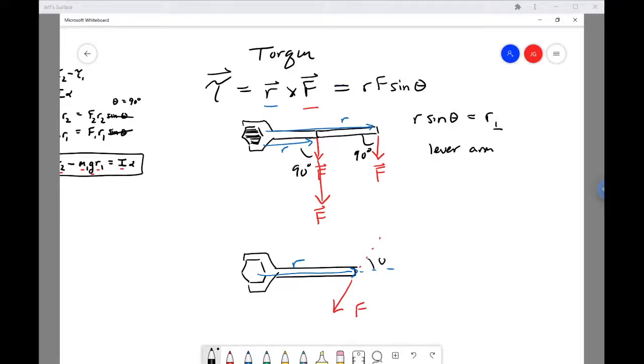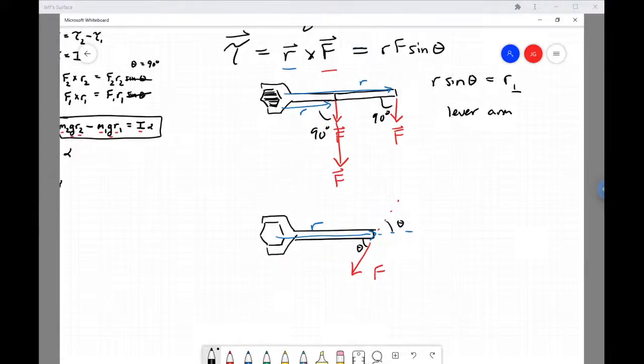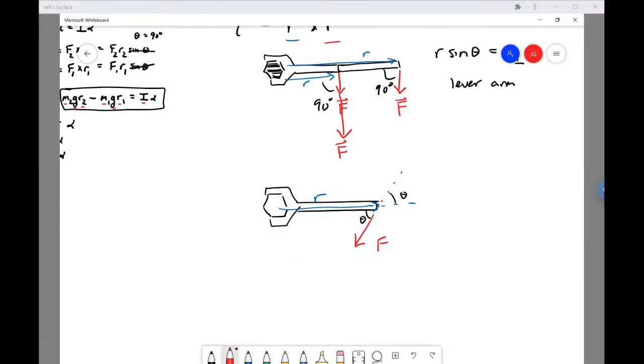Well, I guess I could draw it here or here. And what is that? It's like if you take the force vector and extend it, a line through it.